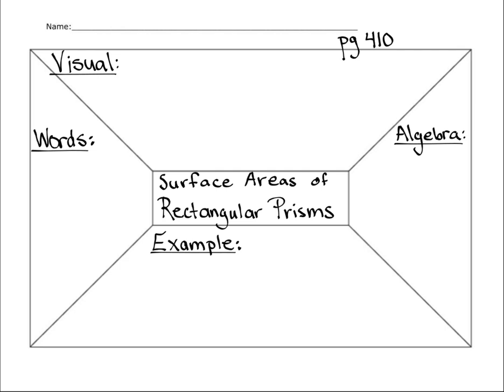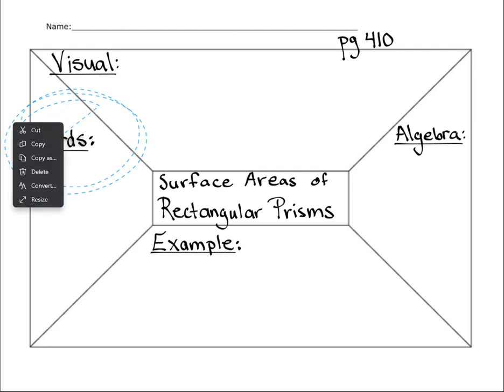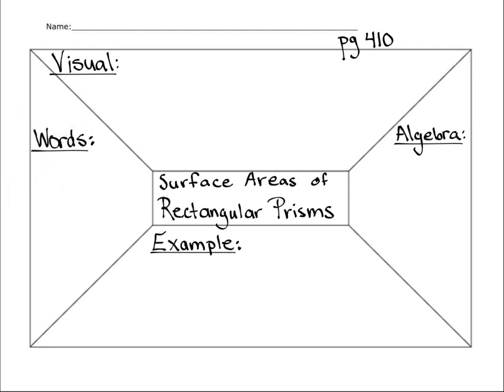And it tells you kind of how you're going to fill in this graphic organizer. So if you look at this portion right here, we're talking about how this is written in words. If you're on page 410, might be helpful for you to look on page 410.